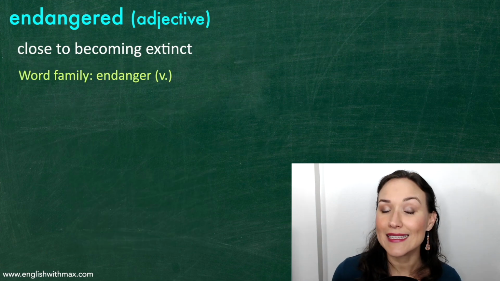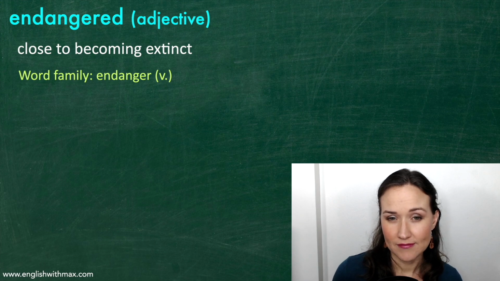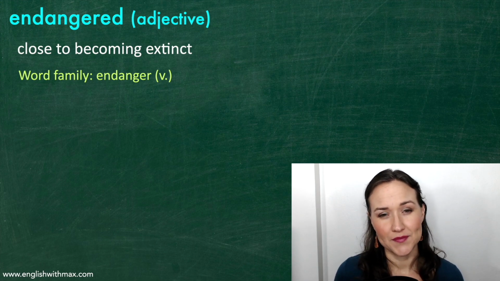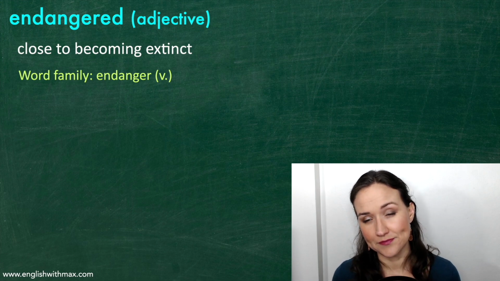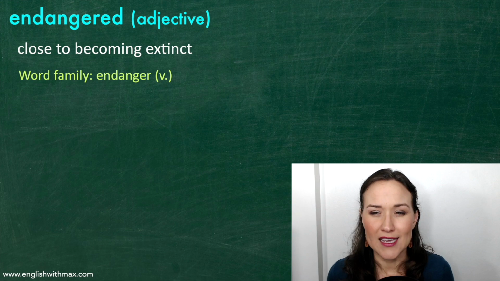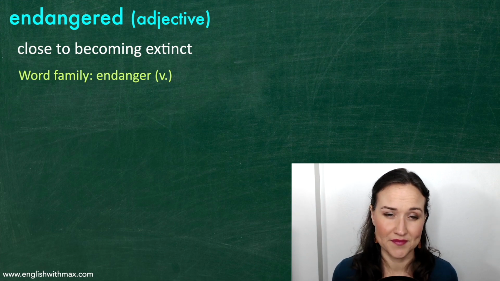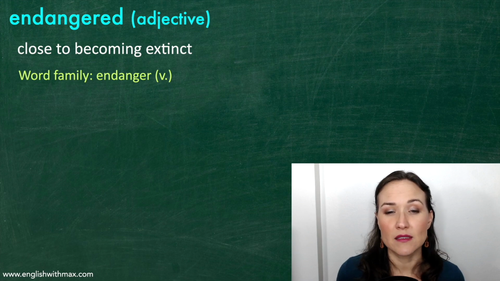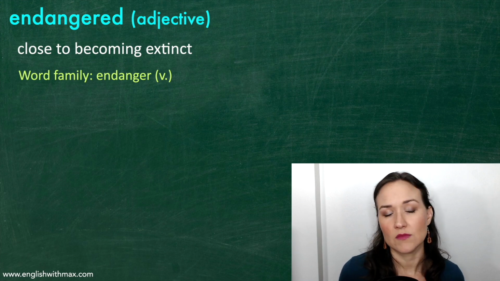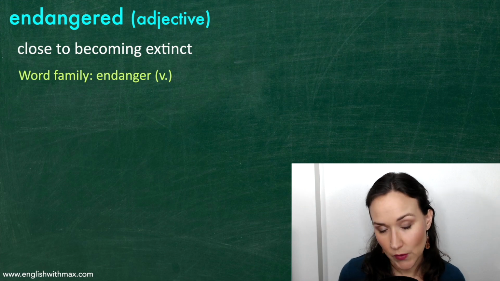This word is endangered. Endangered. It's an adjective. It means close to becoming extinct. If a type of plant or animal is endangered, it means that there are not many of them left. The verb is endanger. To endanger means to put somebody or something in a dangerous situation.